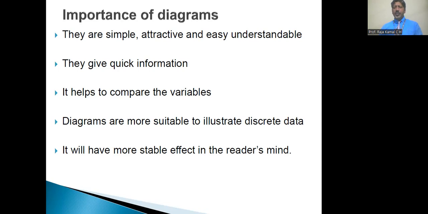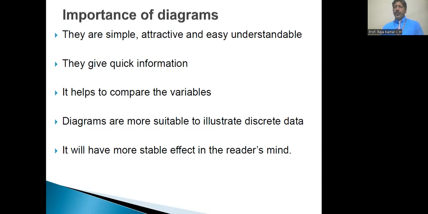As I told you in the introduction, diagrams are very simple, attractive, and easy to understand. Suppose I want to know the production that has taken place in the last 5 years. After collecting and classifying the data, if I present it in the form of graphs, I can easily understand in which year I got more production.